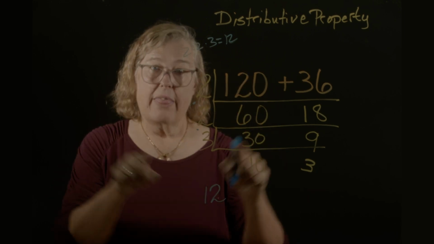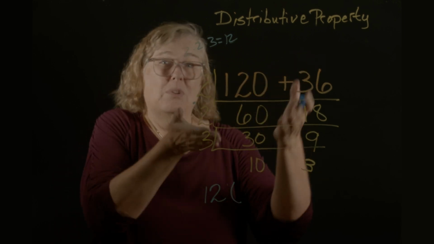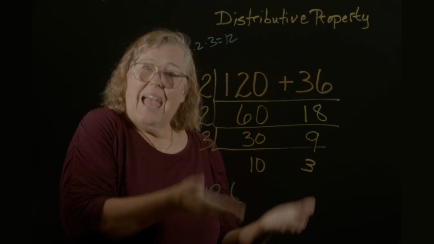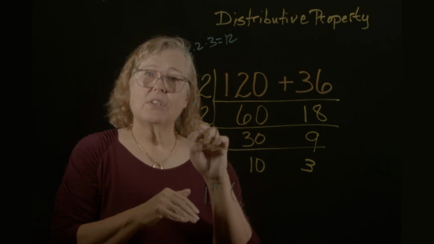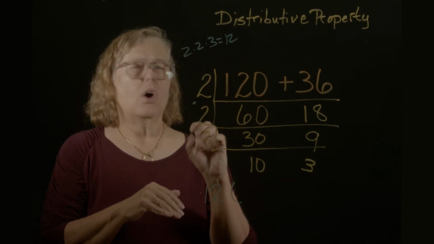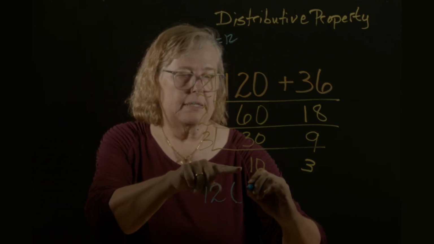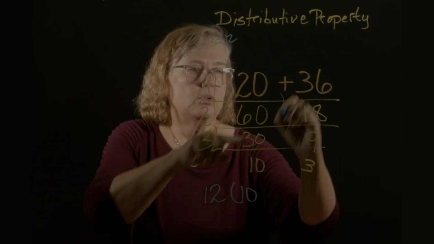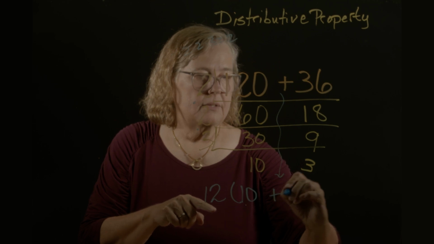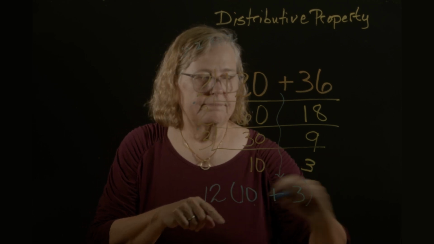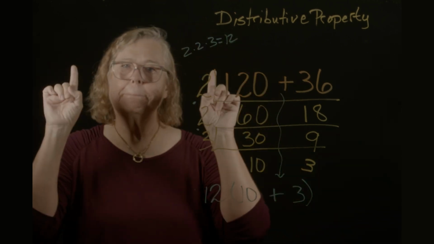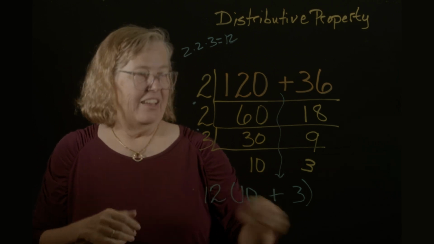We write 12. Now we add the parenthesis. And all we have to do now is bring down the leftovers. Bring down the leftovers, right. 10. Bring down the plus sign. 3. There we go. We are all done. Easy.